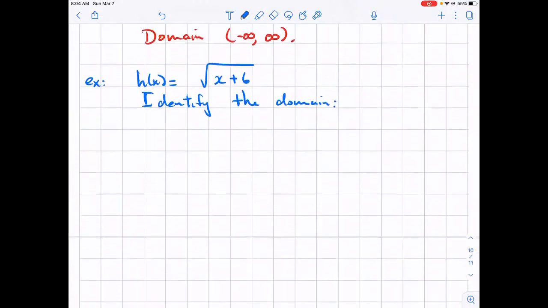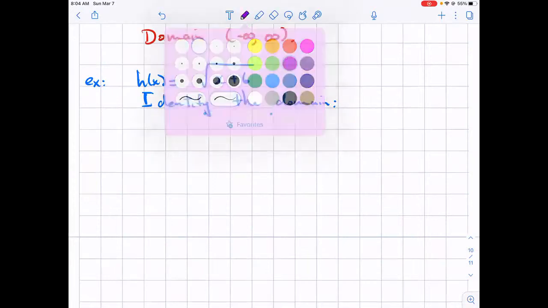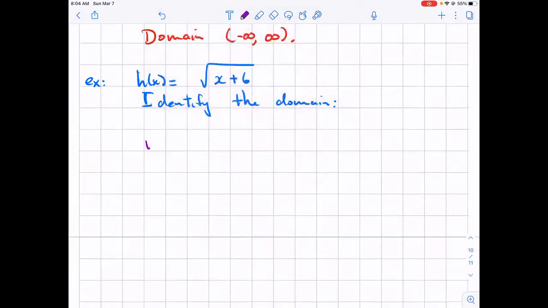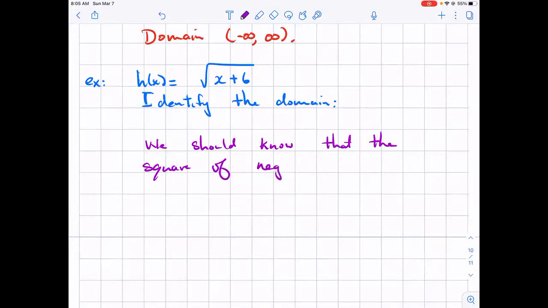So here, we should know the square root of negative numbers is not real.